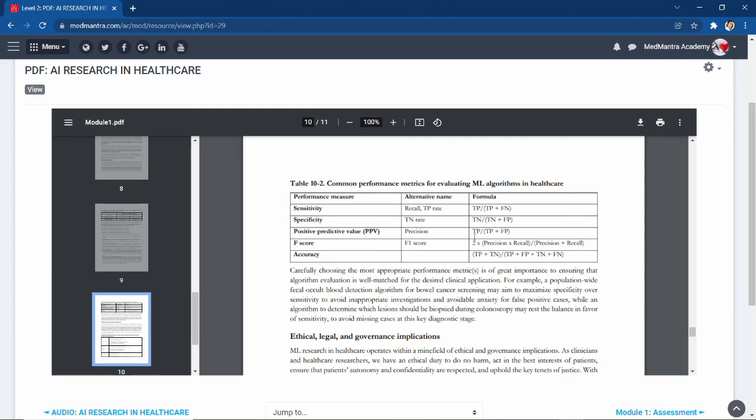Carefully choosing the most appropriate performance metric is of great importance to ensuring that algorithm evaluation is well matched for the desired clinical application.